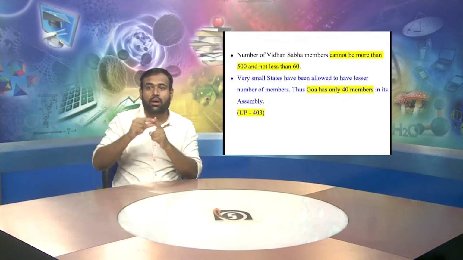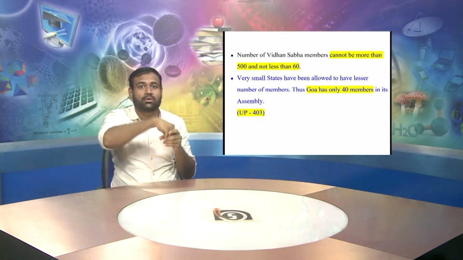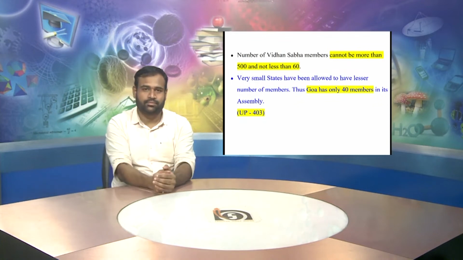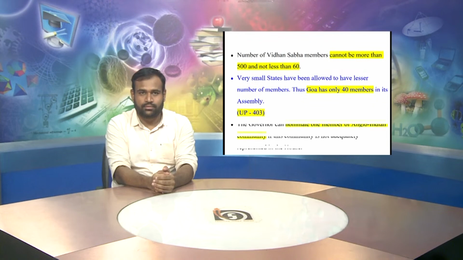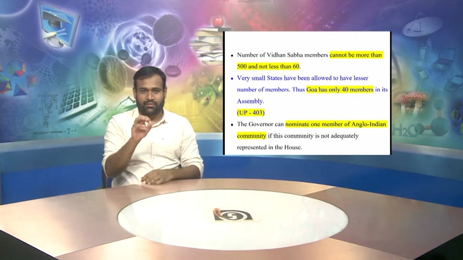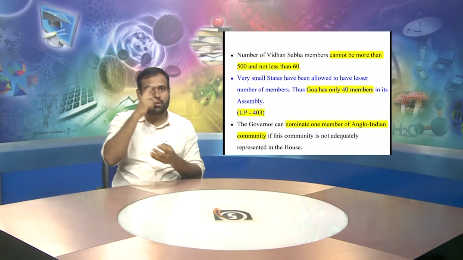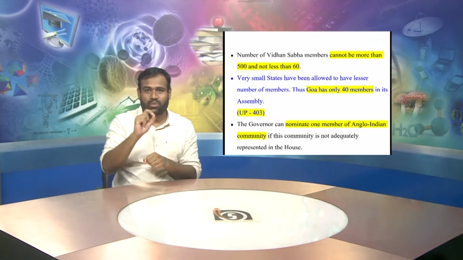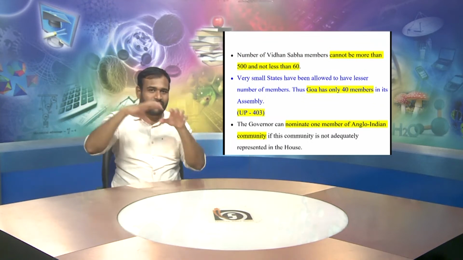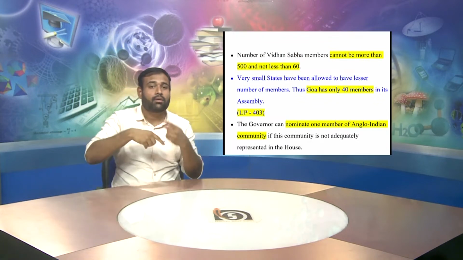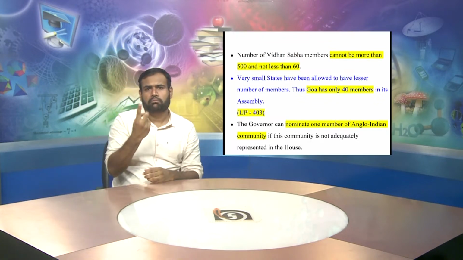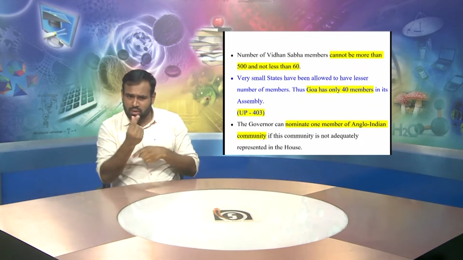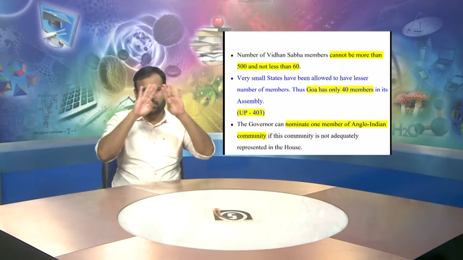Similarly, UP is a bigger place, so it has 403 members. The governor can nominate one member of the Anglo-Indian community if this community is not adequately represented in the House. So in that case, the governor has the power to nominate one member.